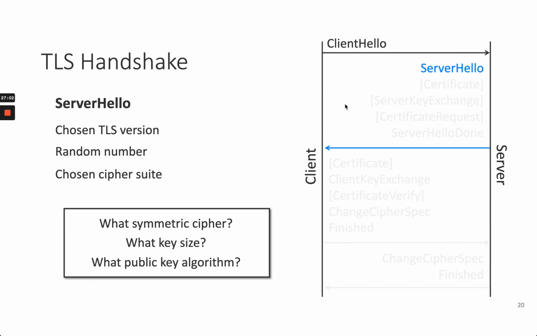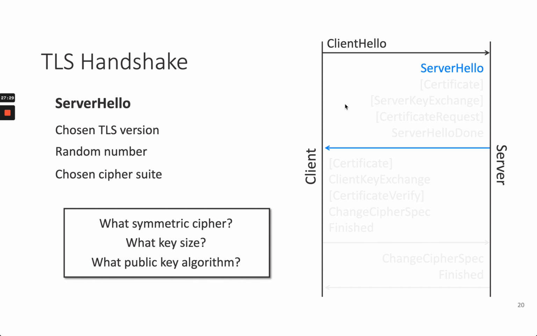The server then chooses the cipher suite. So that chooses which symmetric cipher to use, which key they're going to use, the size of the key, what public key algorithms or RSA, for example, they get to choose that. It's worth noting that it's the server that gets to choose these things. You cannot convince a configured server to use a weak encryption algorithm or a weak cipher suite or anything like that, right?